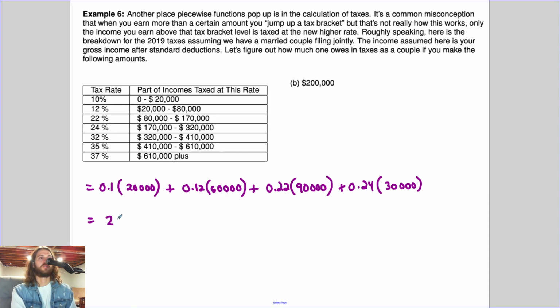This should be 2,000, same as before. That's going to be 6,000 plus 7,200. Yeah. 7,200 plus 15,000, some amount, 19,800.